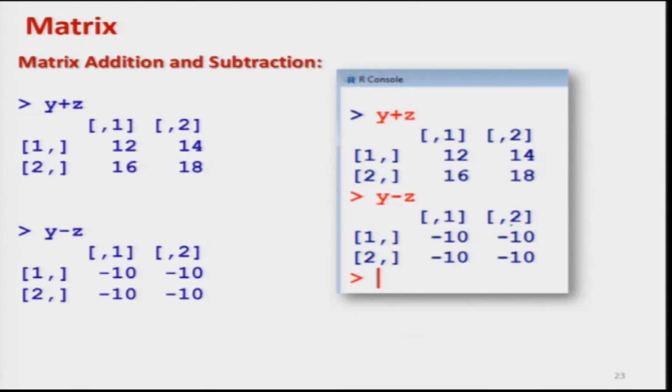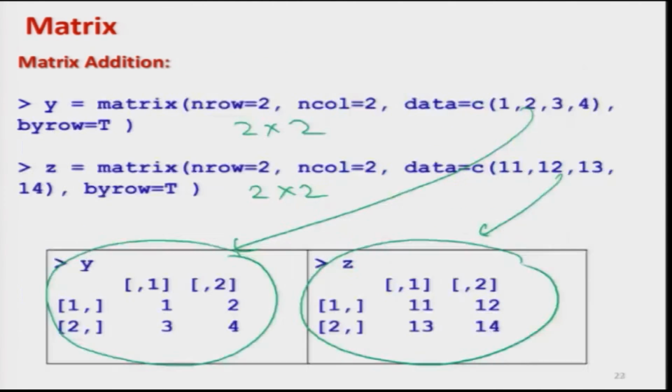Now if I do the addition, you can see that 1 and 11 will be added, 2 and 12 will be added, 3 and 13 will be added, and 4 and 14 will be added.